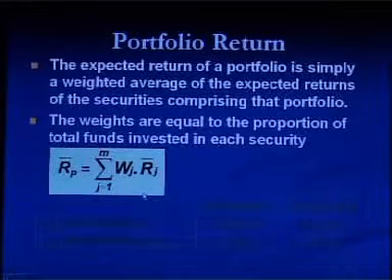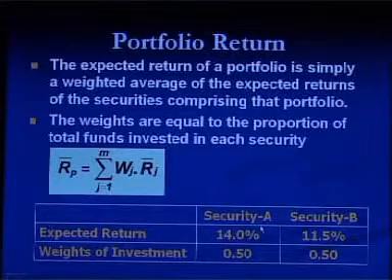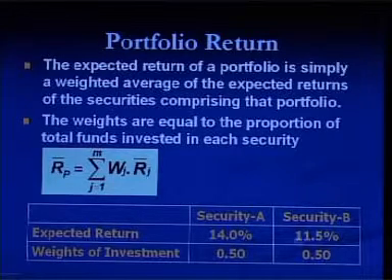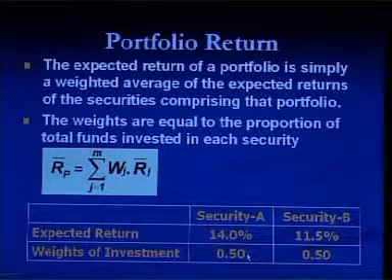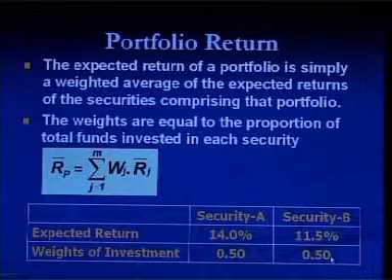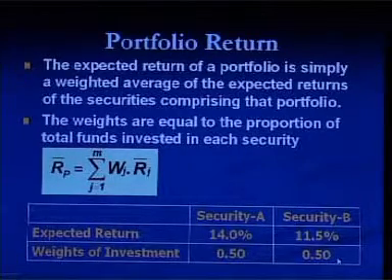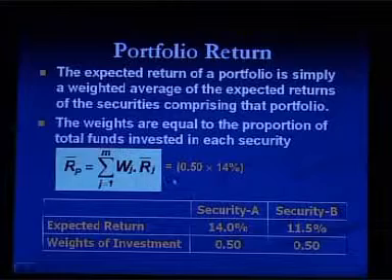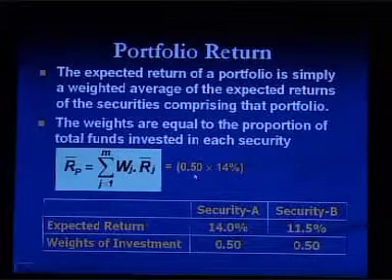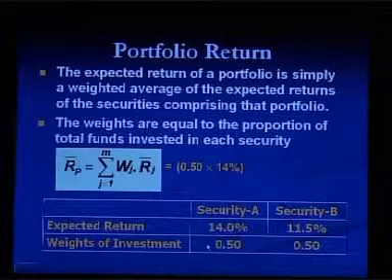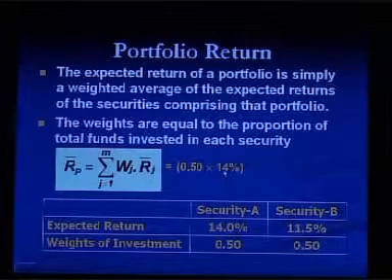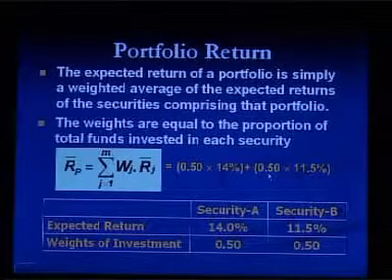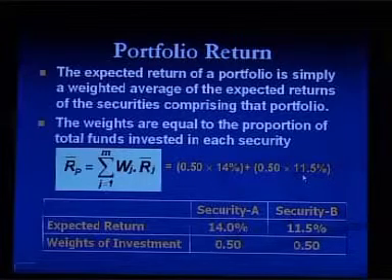Now, for example, there are two securities, security A and security B. If we want to make a portfolio of these two securities and making 50% investment in security A and 50% investment in security B, then we can calculate the expected return of the portfolio by using this formula, where for security A 0.50 is the weight for security A, it is coming from here, and 14% is the return for security A. Now, we have to add for another security, where 50% weight for security B and expected return for security B is 11.5.